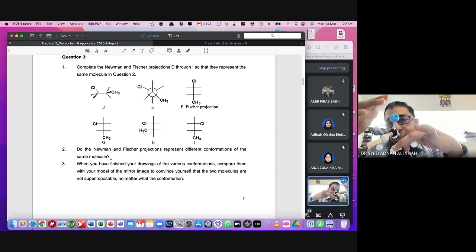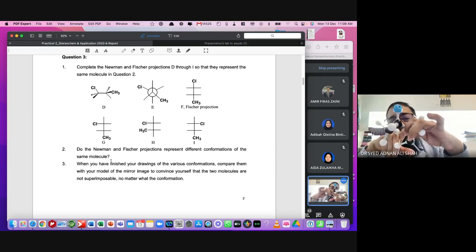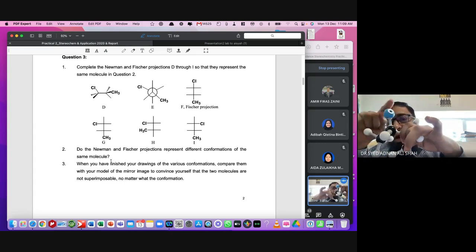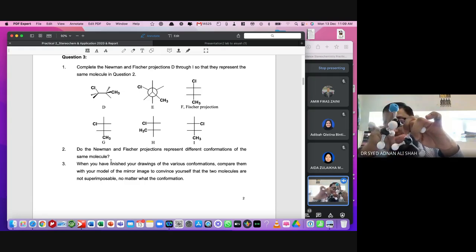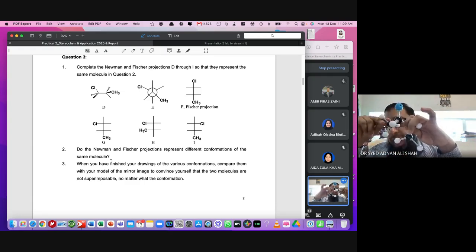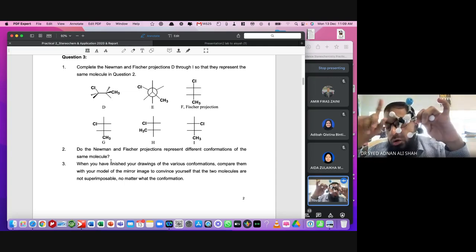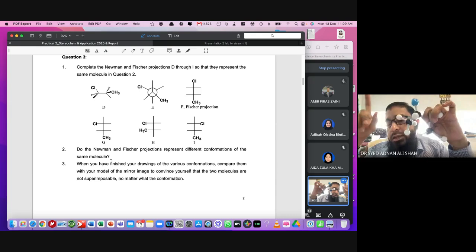Here this one is chloride, this one is CH2CH3, and methyl. 1, 2, and 3 are counterclockwise, meaning that the stereochemistry is S. So remember, counterclockwise movement means the configuration will be S.